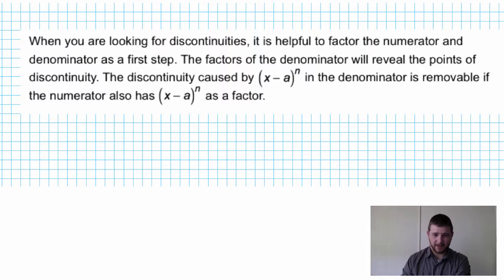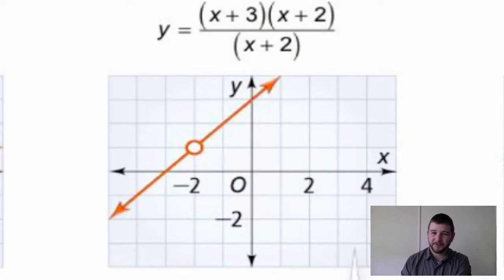Very much like one of the examples we saw on the last page, where I pointed out that x minus 2 could be canceled from both the numerator and denominator. A quick peek back at that page reveals it was actually the x plus 2. So note, x plus 2 is in the numerator and denominator. Therefore, we would find a point of removable discontinuity at the value that makes x plus 2 equal 0, which we know is negative 2.